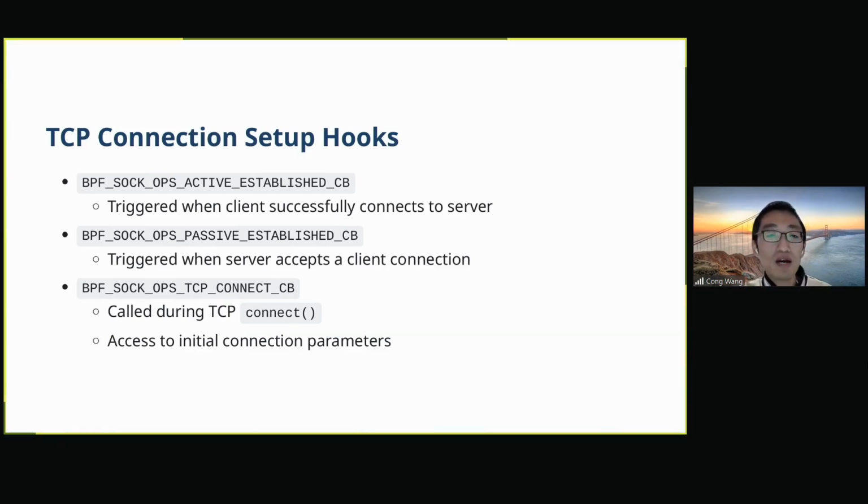And the last one is related to connect. When the client connects the TCP socket, this one is triggered before the connection is fully established. That's why this one is attached to the connect system call before it completes.